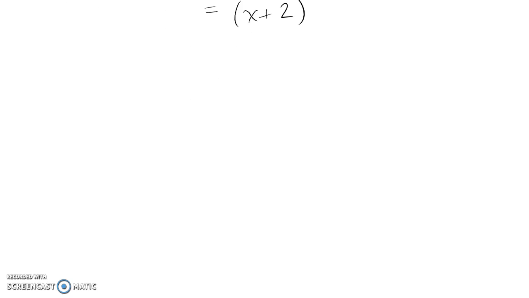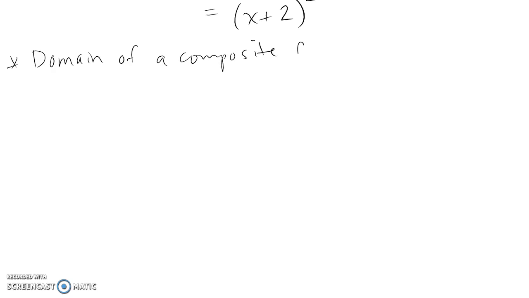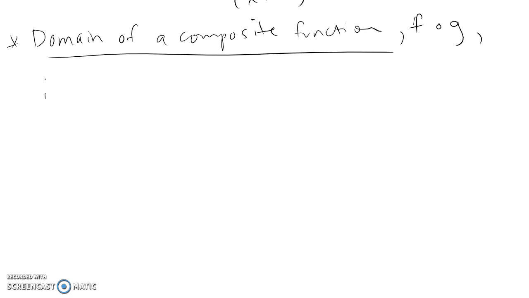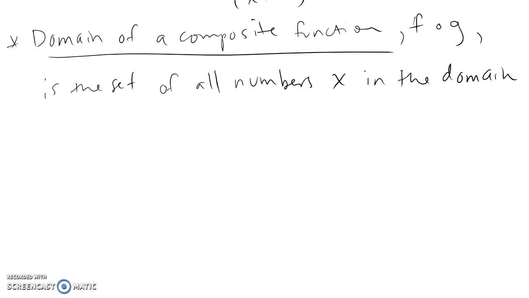Okay? Now, the domain of a composite function that is composed, f composed with g, so g plugged into f, turns out is the set of all numbers x in the domain of g such that g of x is in the domain of f.